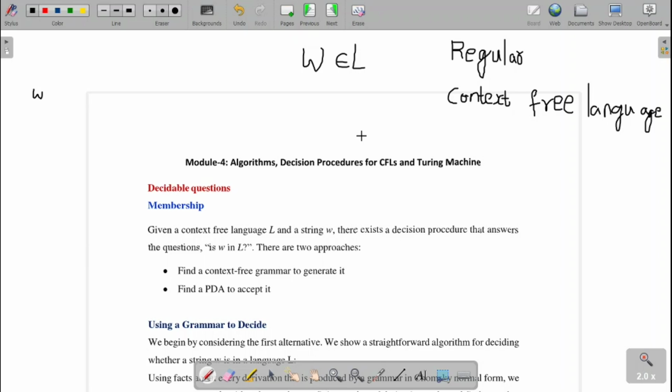If W belongs to the language L, it is accepted, or else it is rejected. But the machine should halt at some point. Such a class of languages is decidable.